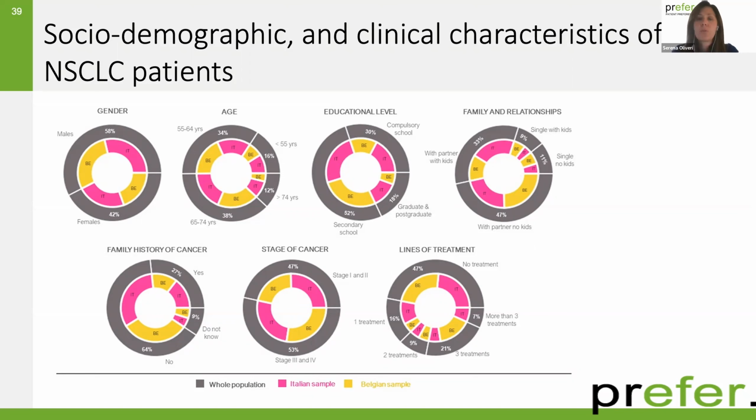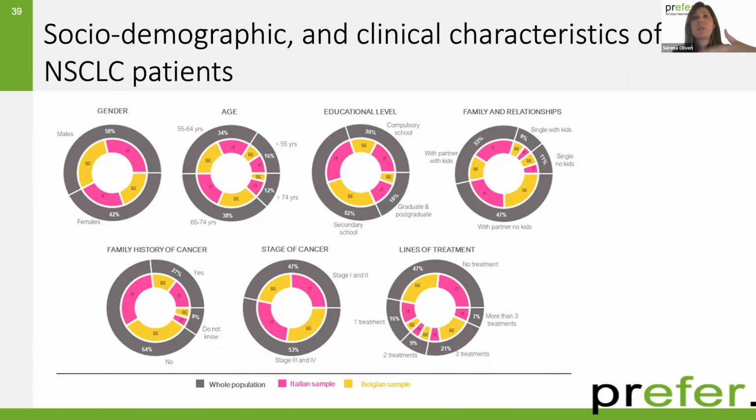I would focus on two other sociodemographic results of our sample. We had almost an equal number of people at stage 1 and 2, and people at a later stage of cancer, 3 and 4, so that we were able to compare preferences depending on the cancer stage.